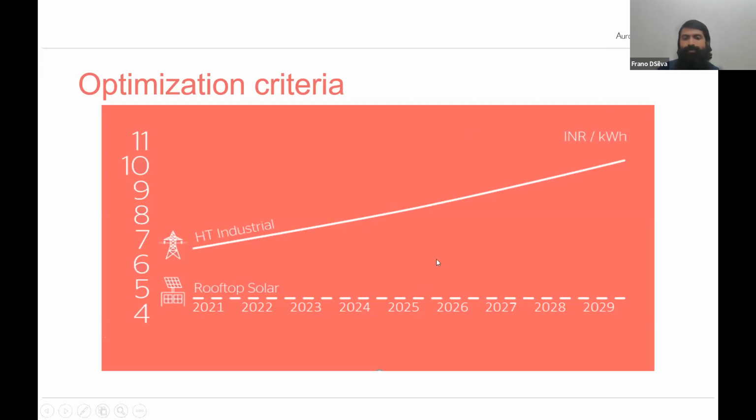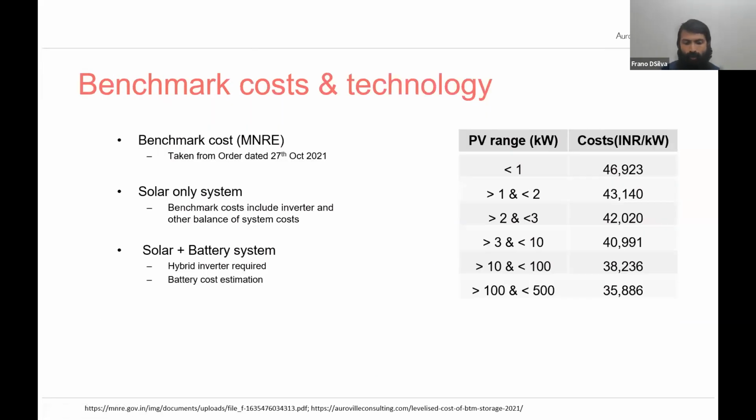To move further and define the financials of our system, we have considered the benchmark cost set by MNRE, that is the Ministry of New and Renewable Energy, which was released on 27th October 2021, and the values are shown in the table, which are allocated by PV capacity range.